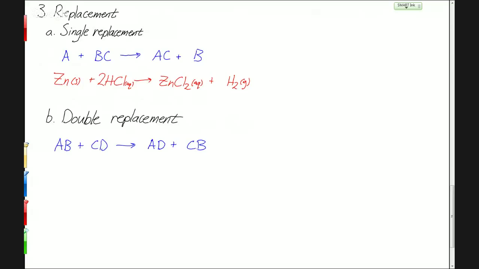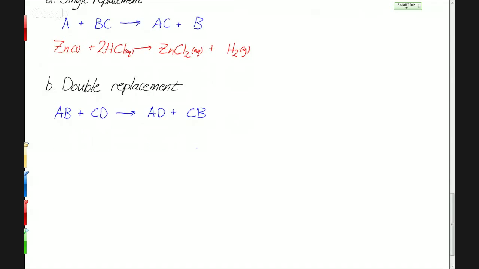So something like that, where they switch partners. Here's an example. And I'm just going to write the reactants here, and then we're going to talk about how we can predict the products.